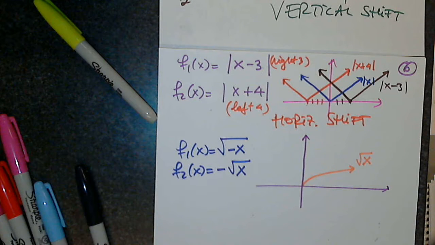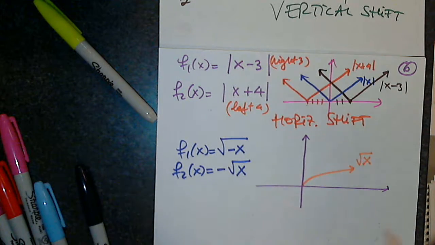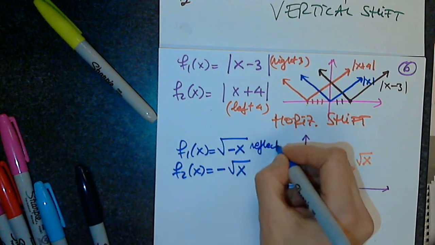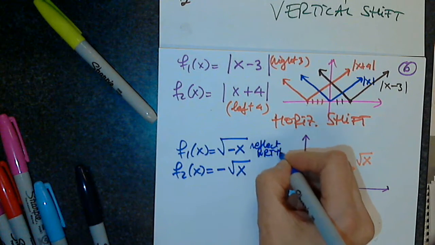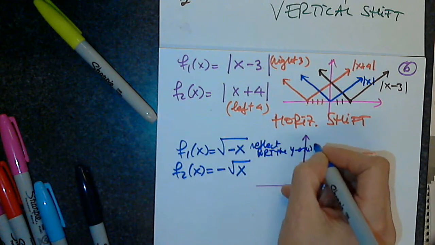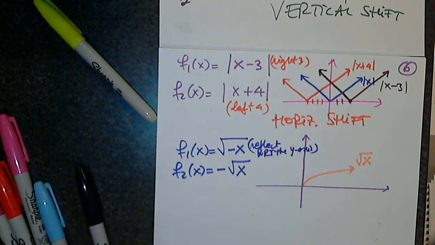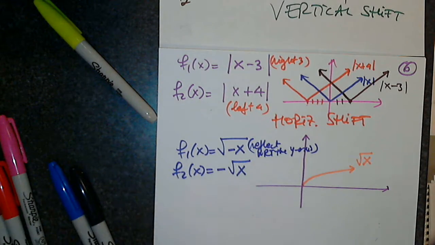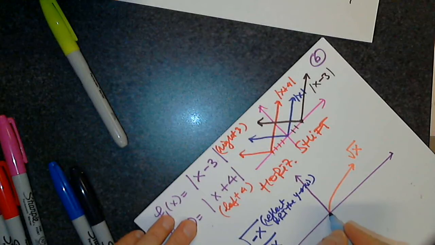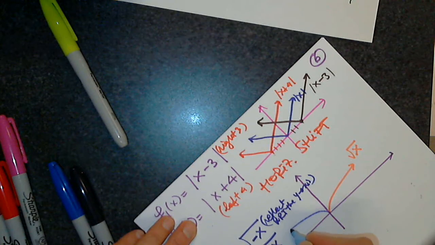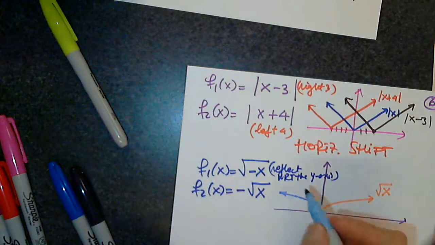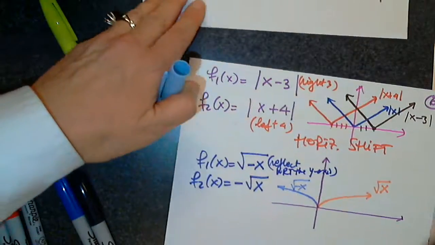So what type of transformation is this? With respect to the y-axis. So reflect with respect to the y-axis. I'm reflecting. Here's my reflection. It's never perfect on this side. For some reason, I can't do it absolutely perfectly. Sorry about that. So this is the square root of negative x. Agreed?